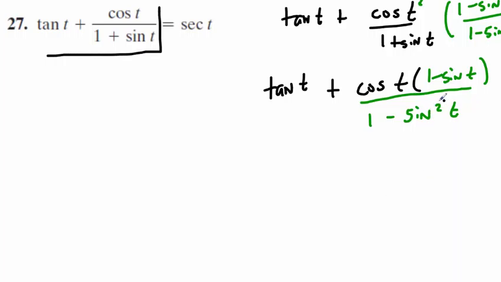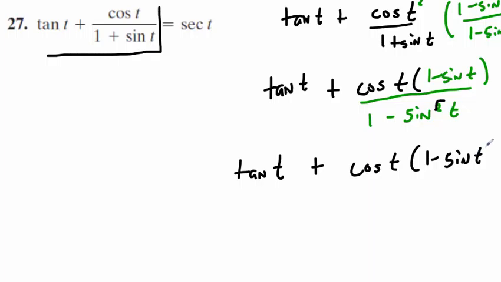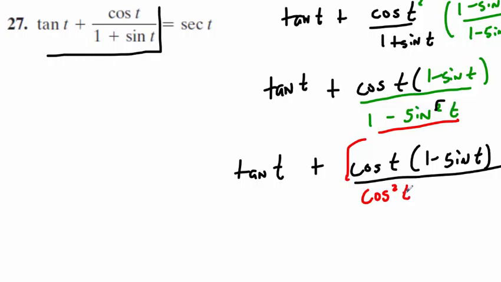Well, now that I have this squared thing, I can automatically start thinking identity. Do we have an identity that has a sine squared in it? Absolutely. So now I can say I got tangent of t plus cosine of t times 1 minus sine of t. And for the denominator, we know that 1 minus sine squared is equivalent to cosine squared of t.